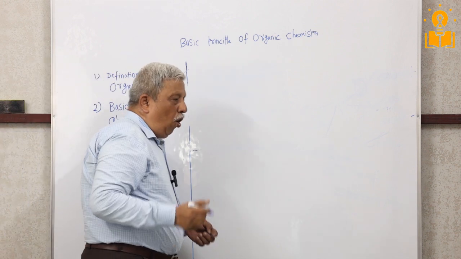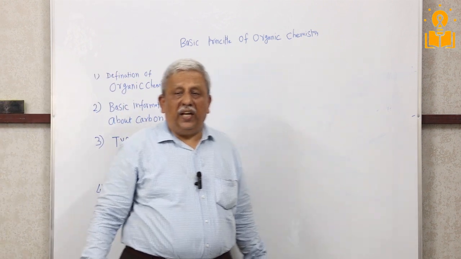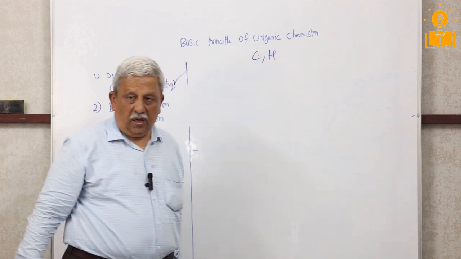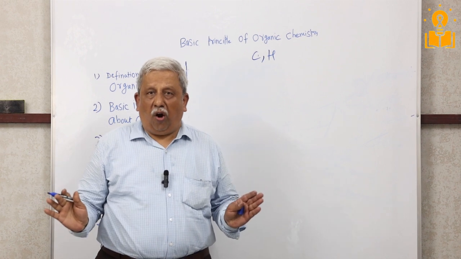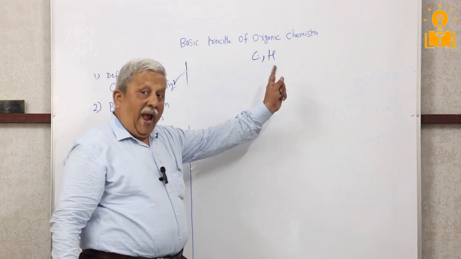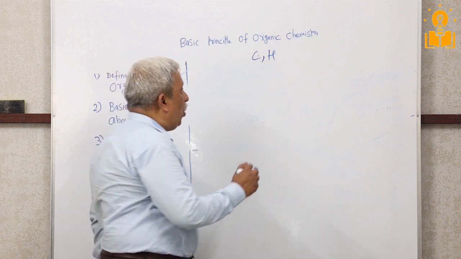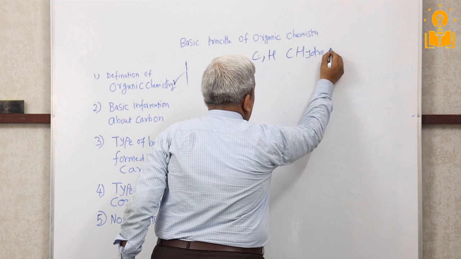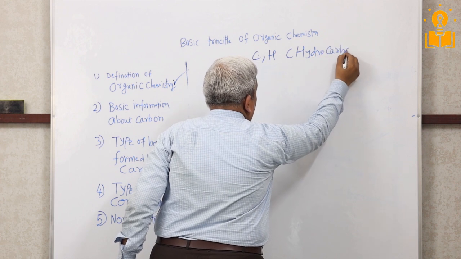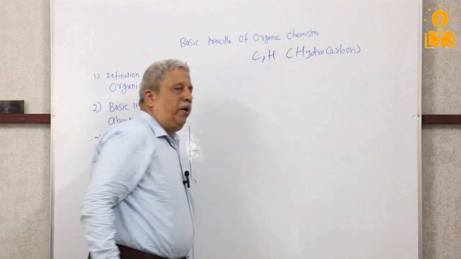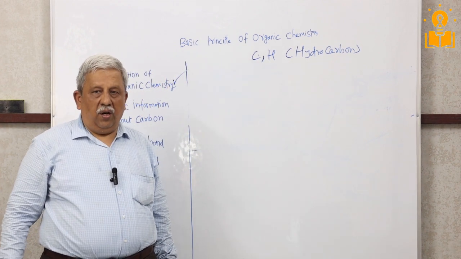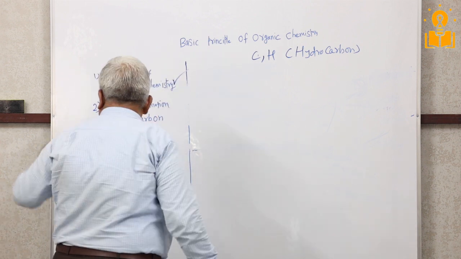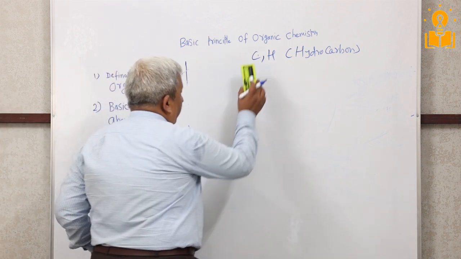All the organic compounds basically contain carbon and hydrogen. The basic compounds of all organic compounds contain carbon and hydrogen. So we can call them hydrocarbons. Now let us find out the types of hydrocarbon, or we can classify the hydrocarbons.